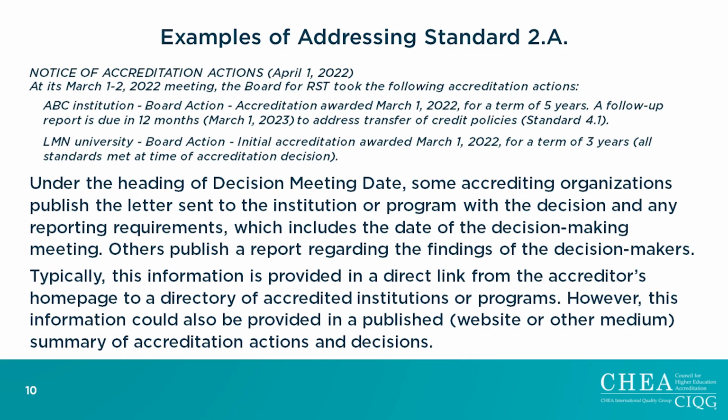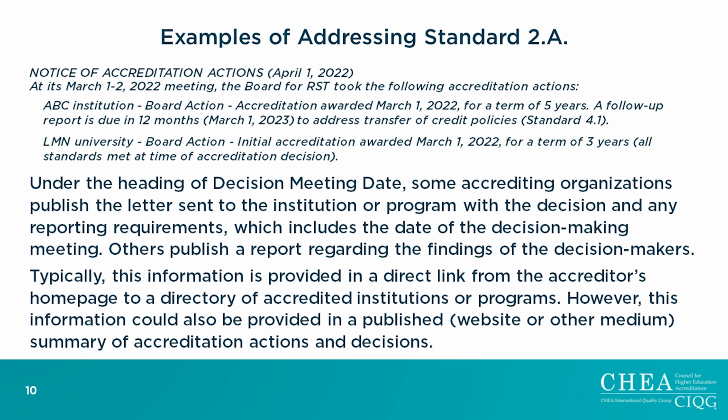In addressing this standard, the accrediting organization may provide a list of accredited institutions or programs that includes the accreditation status, the reasons for the accreditation decision, and any reporting requirements. An example is provided. Keep in mind that the public is to be notified within 30 days of the decision-making meeting.